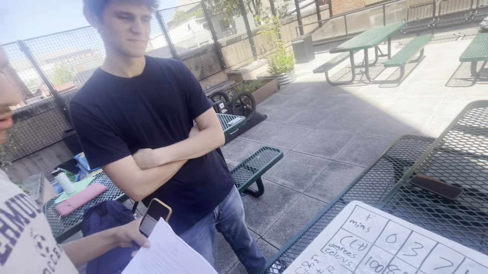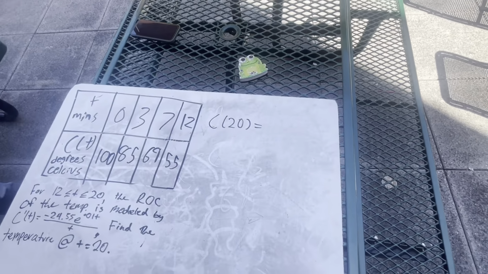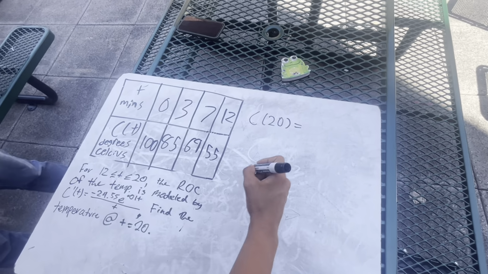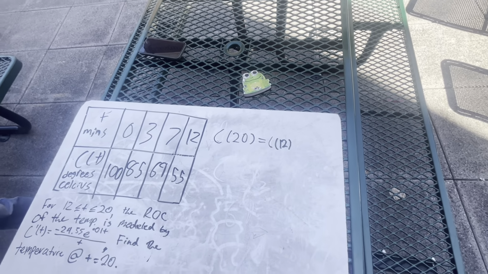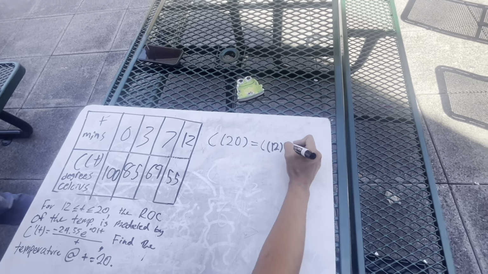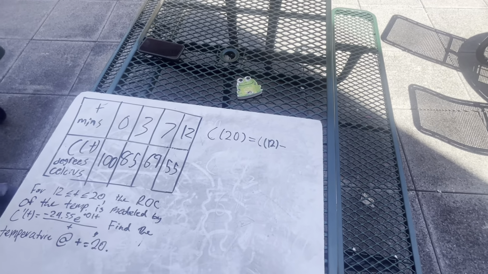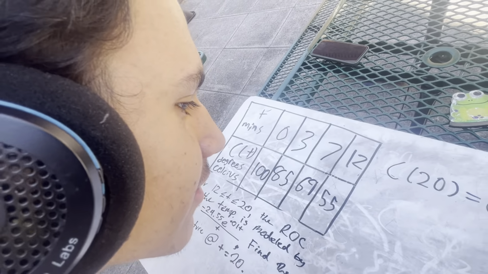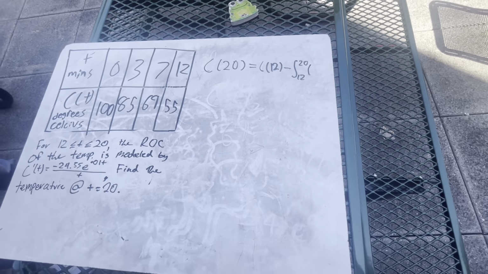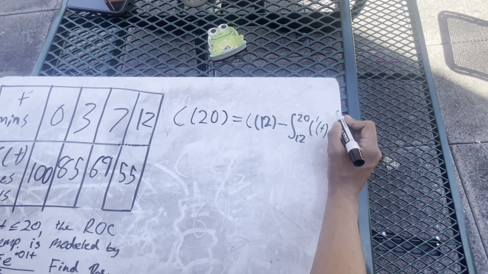So without further ado, we start: C of 20 equals the value we're given at the start, C of 12, which is 55, plus the integral from 12 to 20 of C prime of t dt.